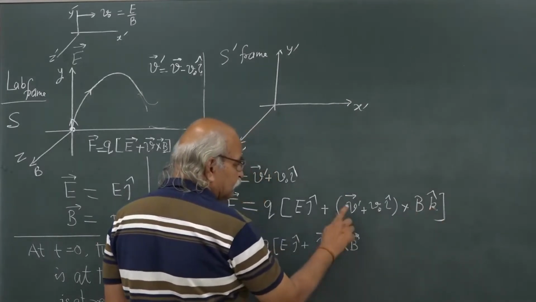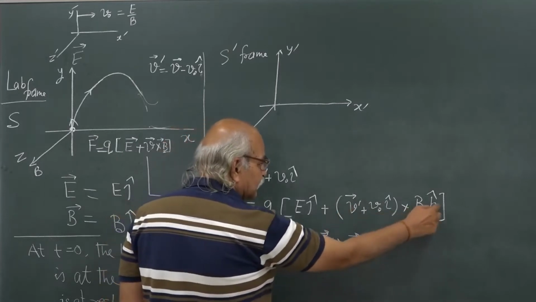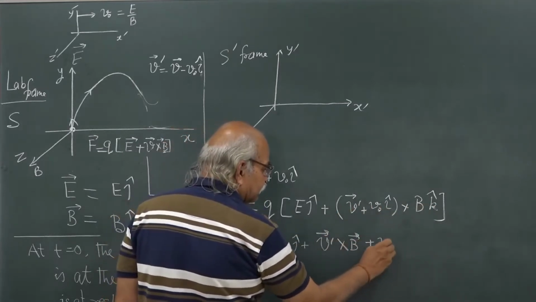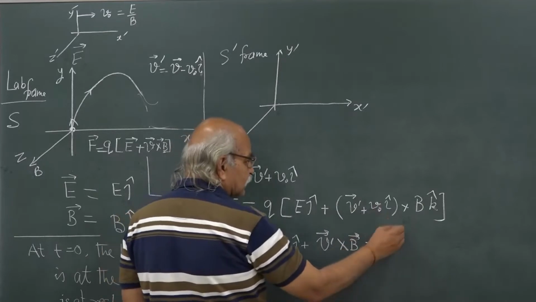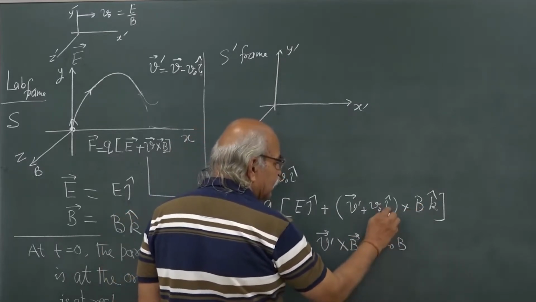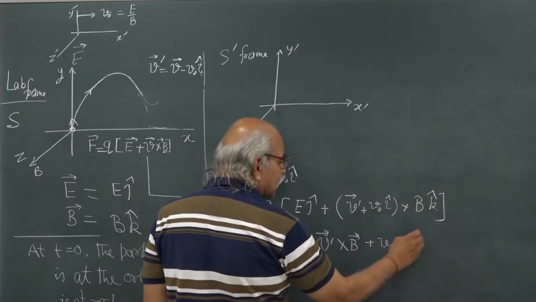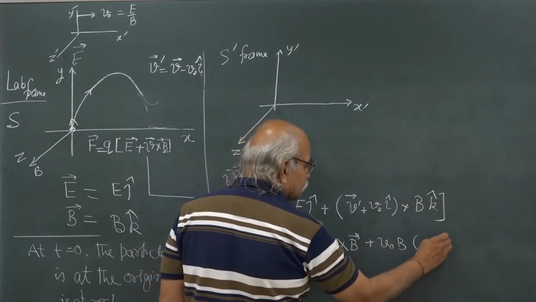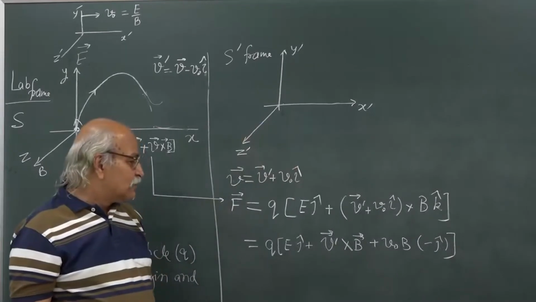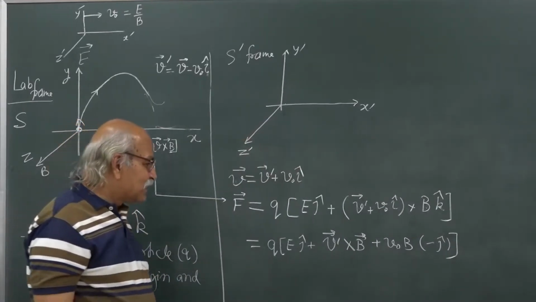So I can write it V prime cross B and then plus V naught, this B here, and I cap cross K cap. I cap cross K cap is minus J cap. And here comes the simplification.